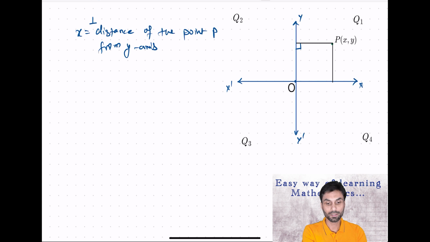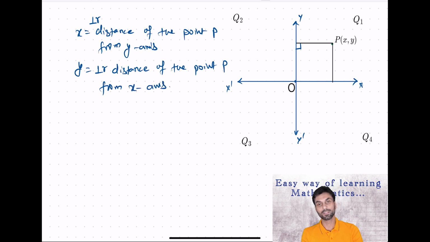The y coordinate is the perpendicular distance of the point P from the x-axis. Remember, distance is always positive, so we are not going to take a minus sign with it, but coordinates can be positive, negative, or 0.